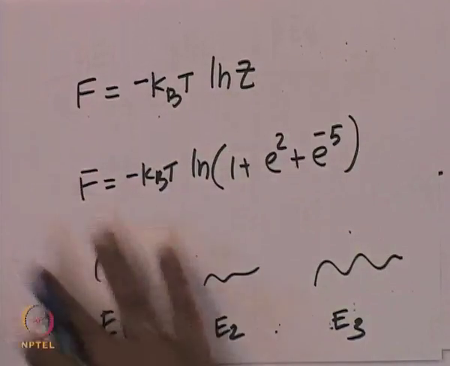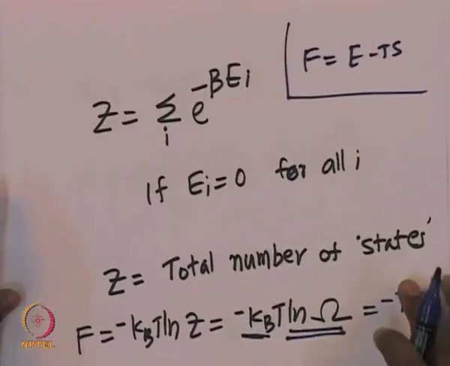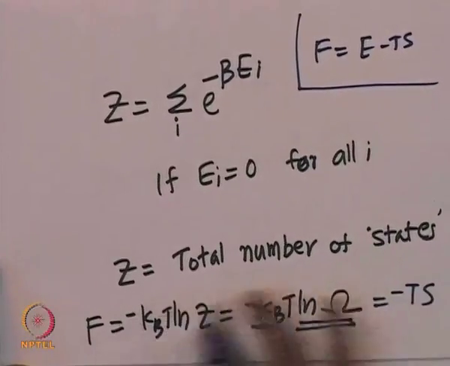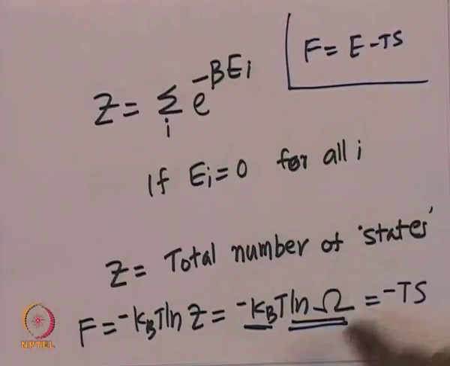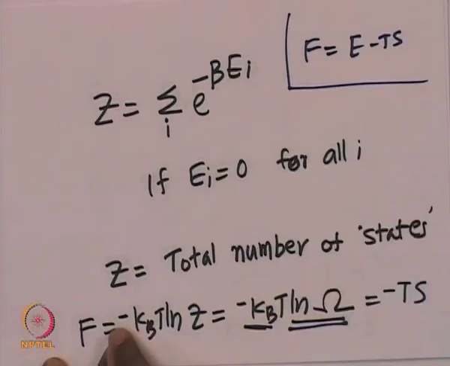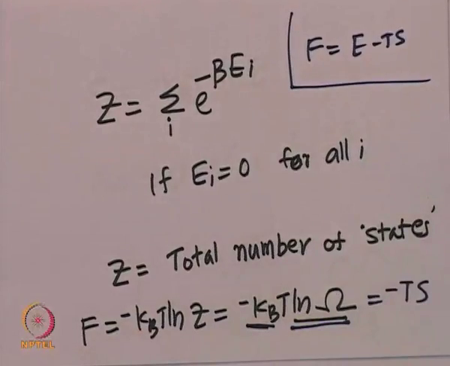Okay. So with this, we understand how to calculate free energy, and we understand that this is nothing but the same as this. So we can calculate it both ways. Either we can calculate this way or this way, and you will get the same answer. So we know two ways to calculate free energy now.